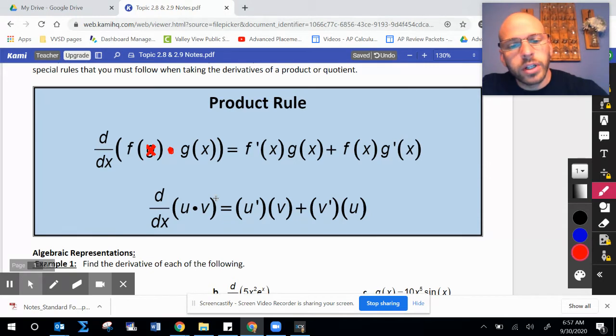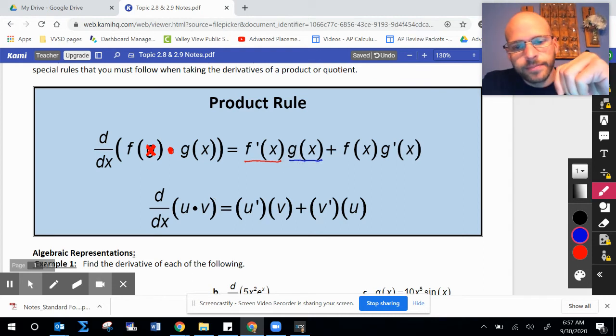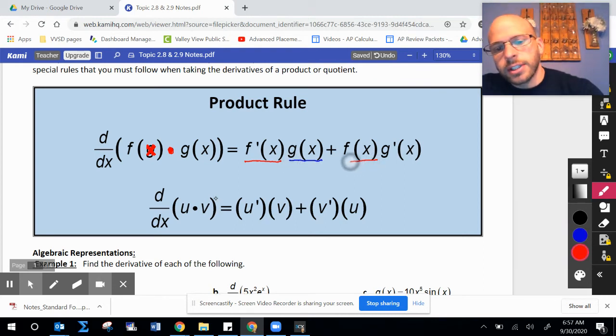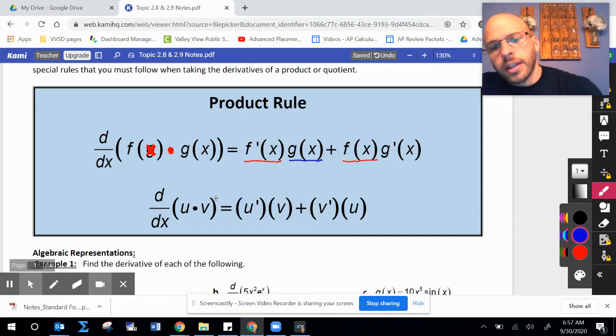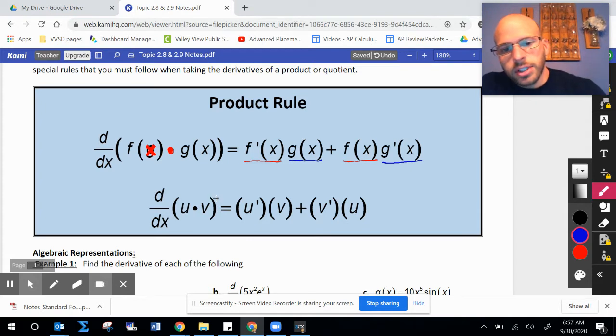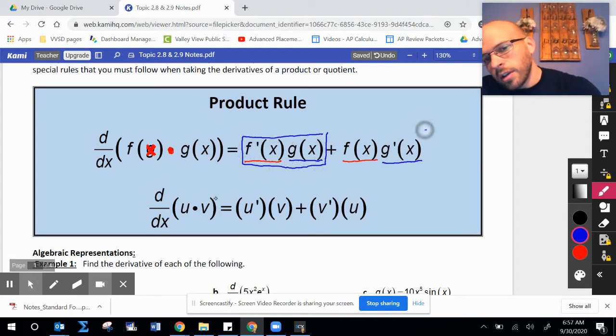We're going to take the derivative of the first and leave the second the same, and then leave the first the same and take the derivative of the second. I want you to see these two big terms that we have here.